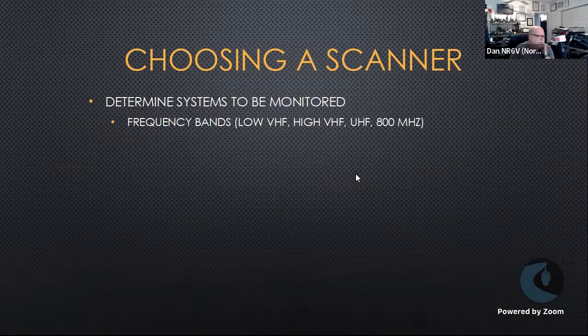Police may be on one band, fire on another band, etc. Typically, those are low VHF, not used much anymore, although California Highway Patrol still uses low VHF, and we pay a fine to the FCC every year because we're not supposed to be there, but the cost of the fine is much less than having to build out a whole new statewide system and a lot more repeater sites because the other frequency bands don't travel nearly as far.